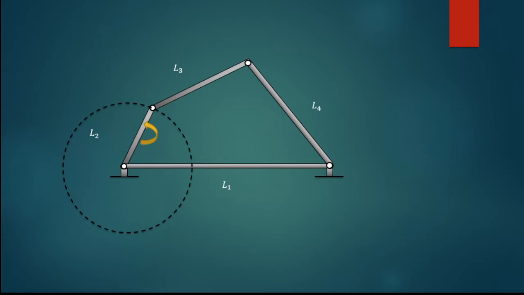If the input link rotates through 360 degrees, the follower will oscillate less than 180 degrees. The coupler guides the motion of the link, transmitting and guiding what the motion of the follower link will be. Okay.